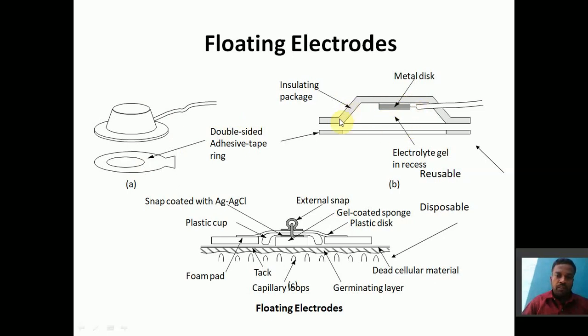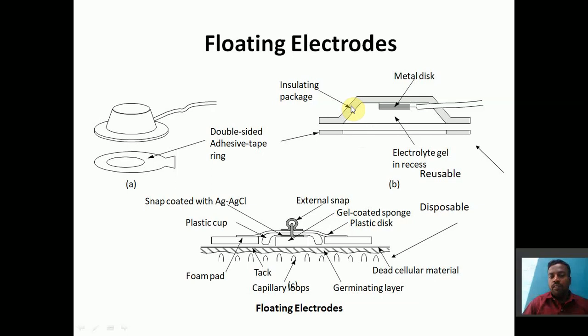This is an insulating package over the metal disc. Under this electrode we have double-sided adhesive tape. One side holds the electrode, and the other side holds our skin.